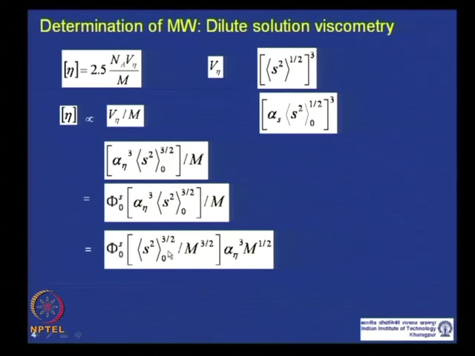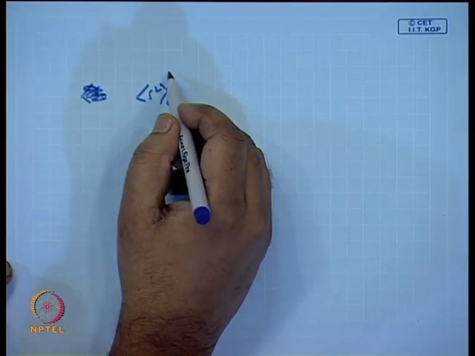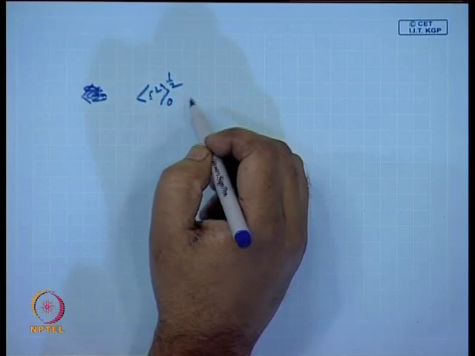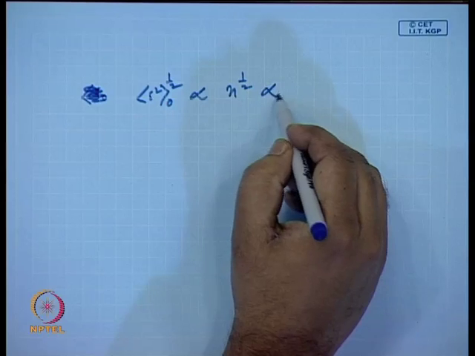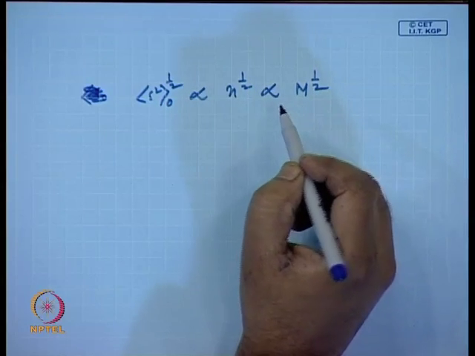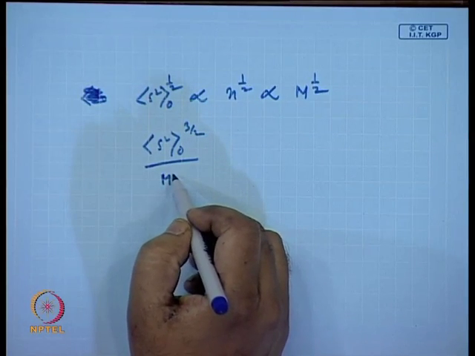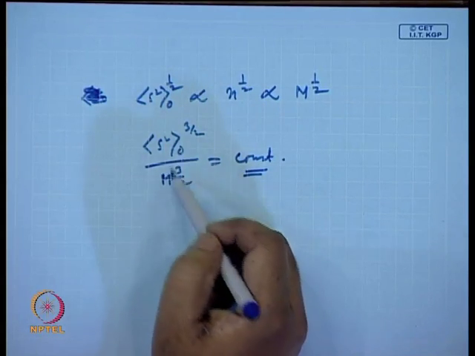Now, if you recollect, this was proportional to n to the power half, which is proportional to molecular weight to the power half, which means the term with 3 by 2 divided by M to the 3 by 2 would be some constant term, because these two are proportional.